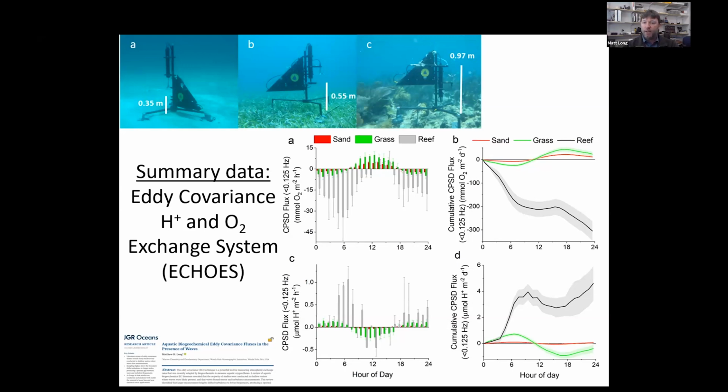The sand is about balanced, and then as you would expect with the seagrass beds, they are a net acidity sink. So this is just an example of how we can do this frequency domain analysis. We can remove wave bias and really get these high quality hourly fluxes out of the environments that we're interested in understanding that benthic water exchange.